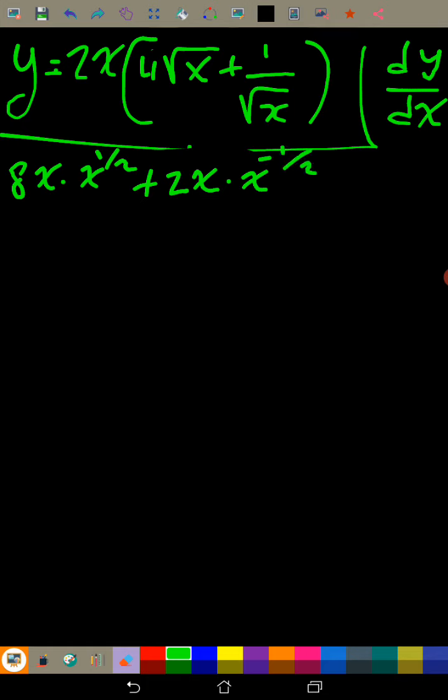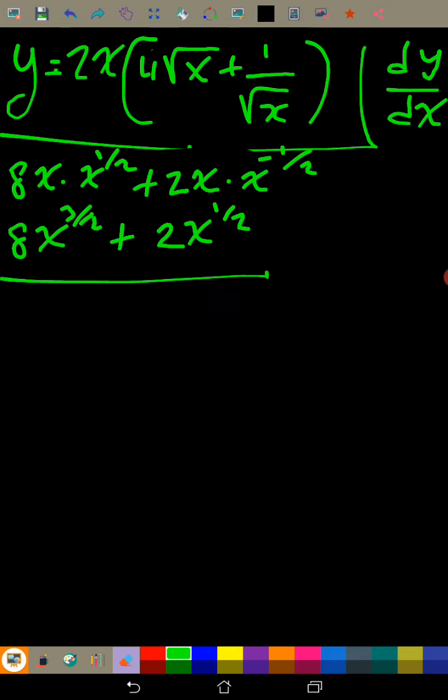So we have to simplify this. 1 plus half, we'll get 8x to the power of 3 over 2, plus, here we have 2x, and we have to add up the powers, so 1 plus minus half, so we get minus half.